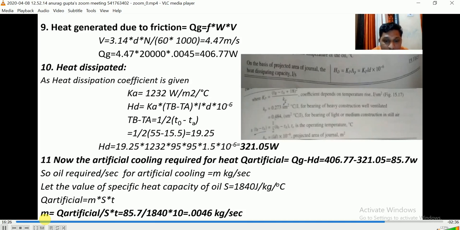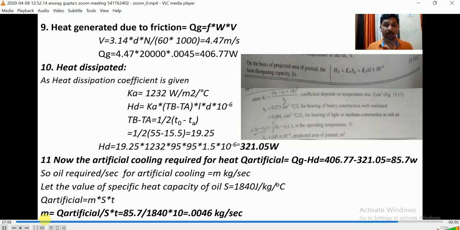helpful to find out the mass flow rate of the lubricating oil which is required for artificial cooling. The amount of artificial cooling is 85.7. So we can write the formula M into S into T, where M is the mass flow rate of the oil, S is the specific heat of the lubricating oil, and the specific heat of the lubricating oil ranges from 1840 joule per kg degree centigrade to 2100 joule per kg degree centigrade.